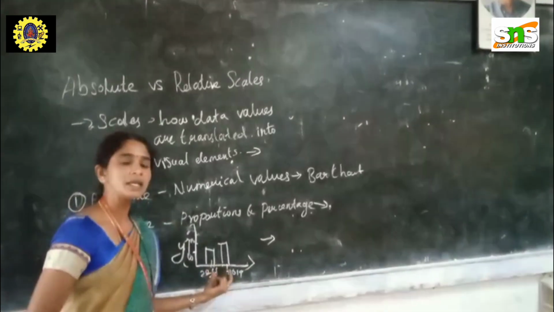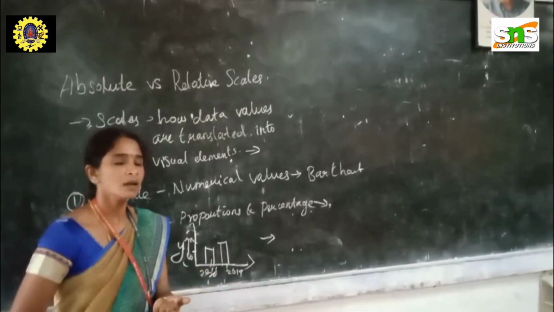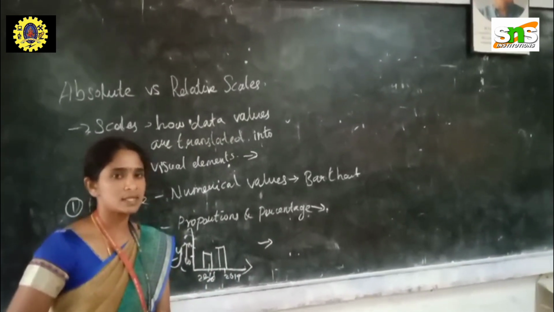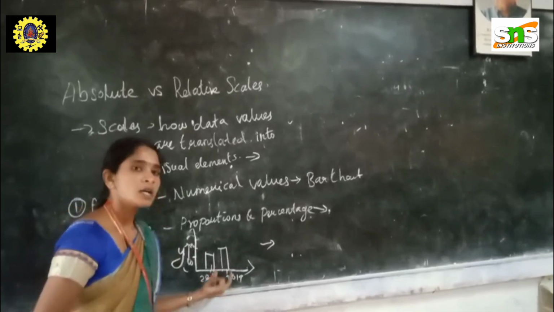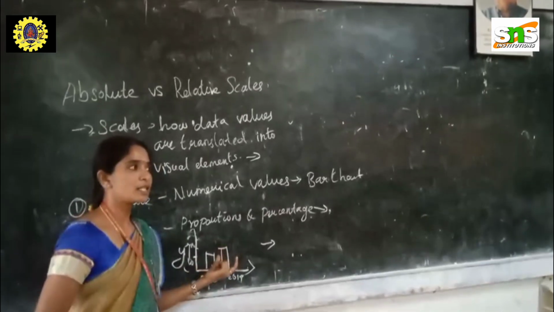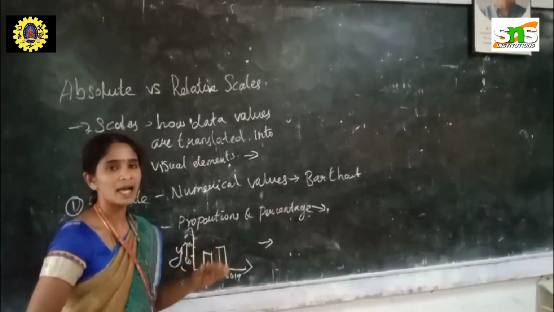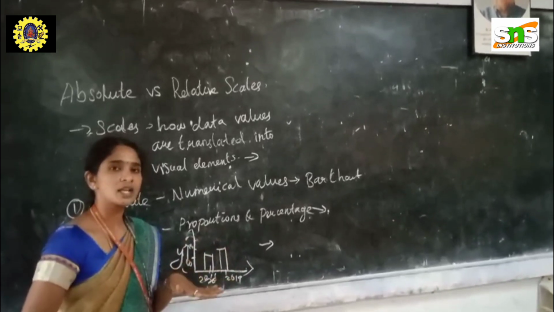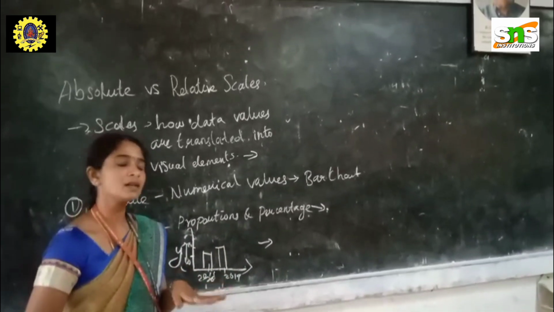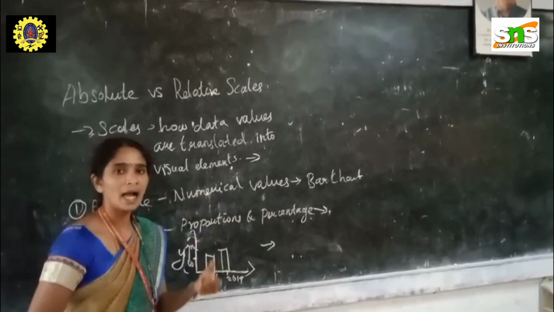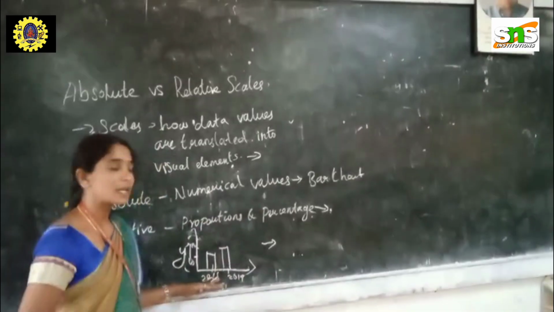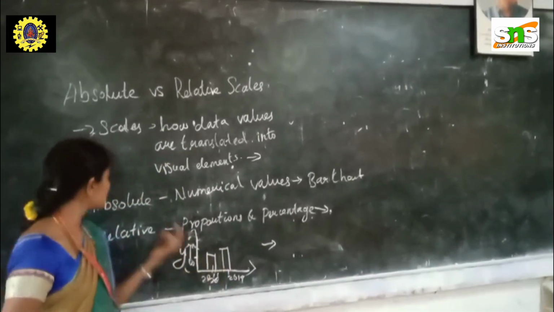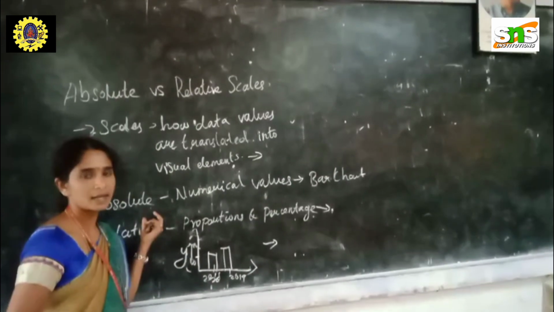The bar chart is easily understood by both. We can easily see the revenue of the organization, which year it was high, and in which year there was no change. This is defined based on the absolute scale.